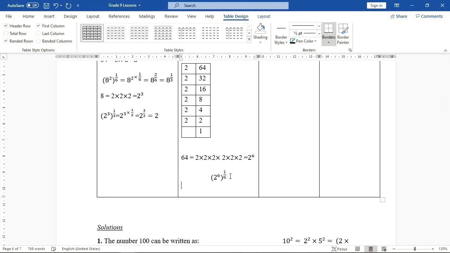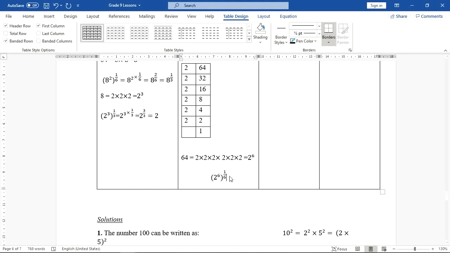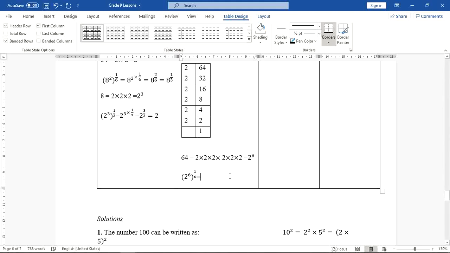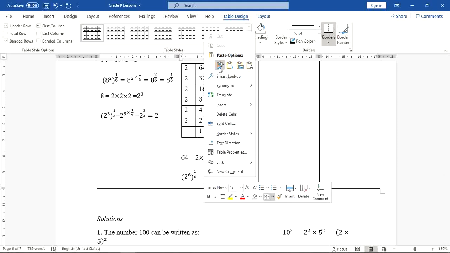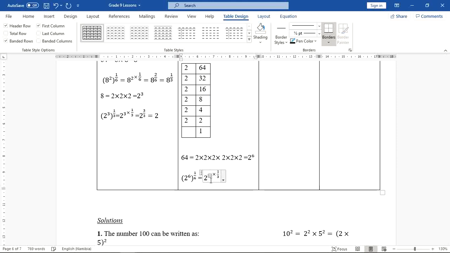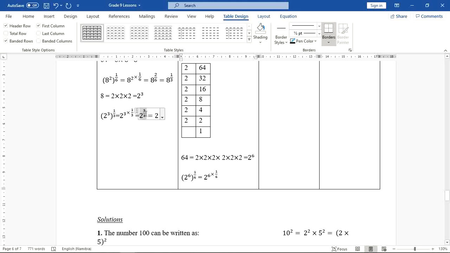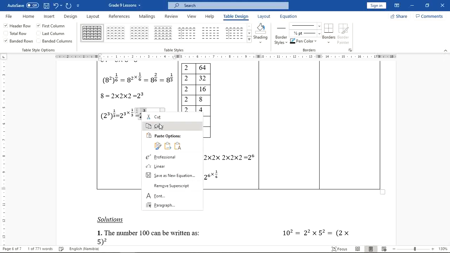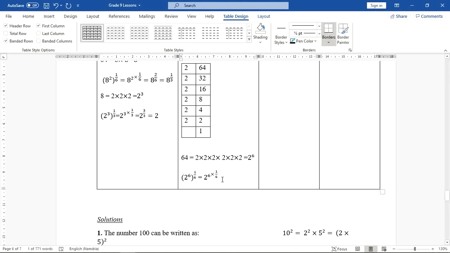Paste. So this is now 6, and that will simplify to 2 exponent 6 over 6.